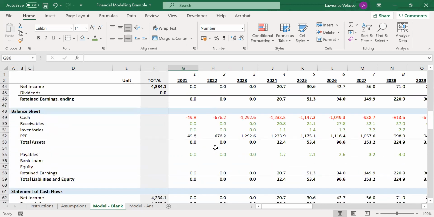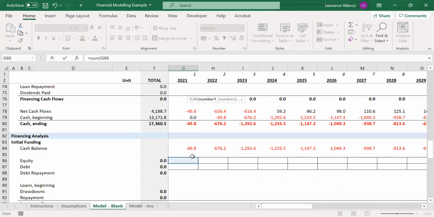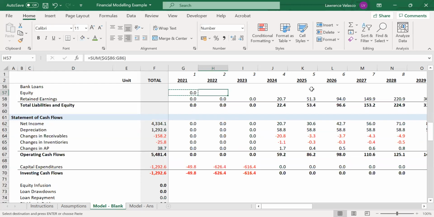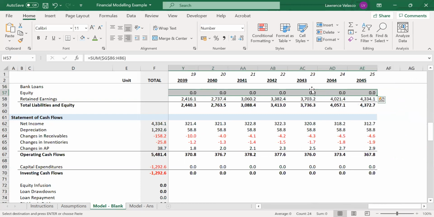Nakakonect sa equity sa balance sheet. Dyan natin makukuha yung equity balance for every year until 2025.